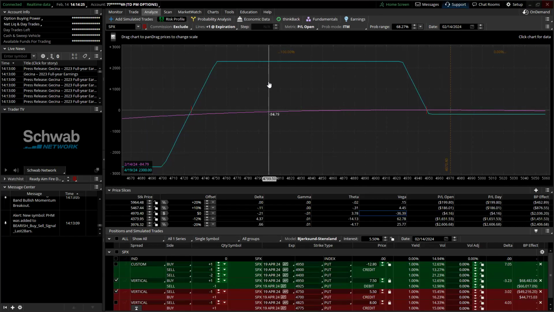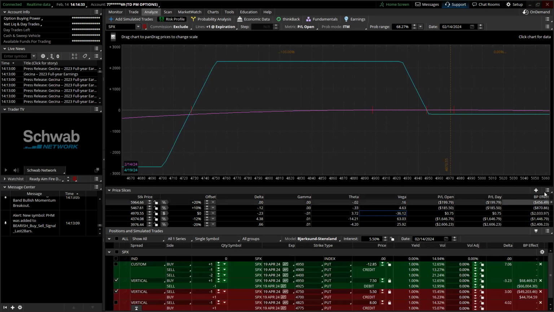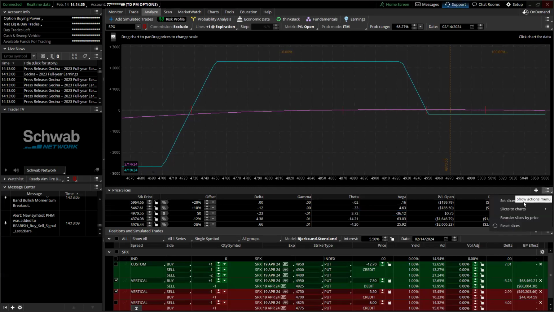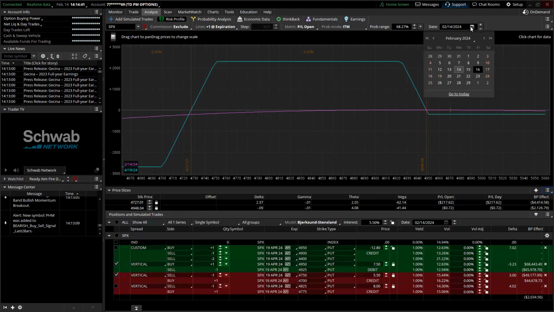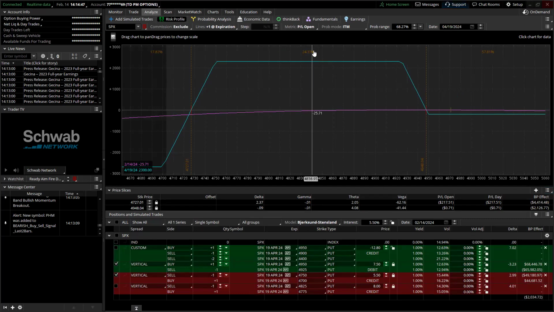The problem is that if we look at the probability of price being somewhere inside of break evens at expiration, for April 19th, there's about a 25% probability that the price is going to be inside of break evens at expiration.